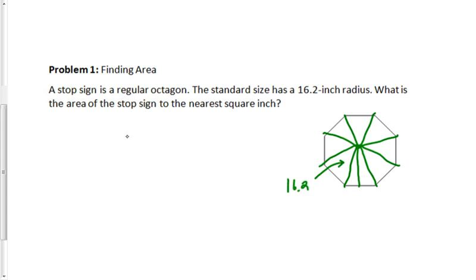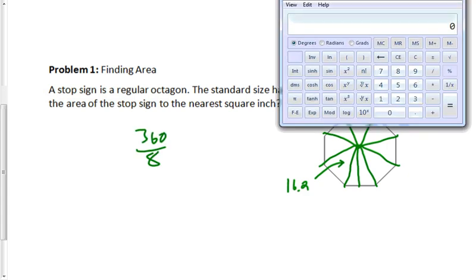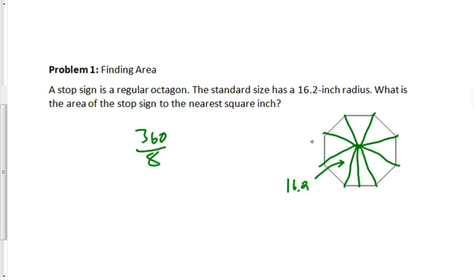So for each of the 8 sections, the central angle is going to be 360 divided by 8, which is 45. So we have 45-degree triangles for the central angles.